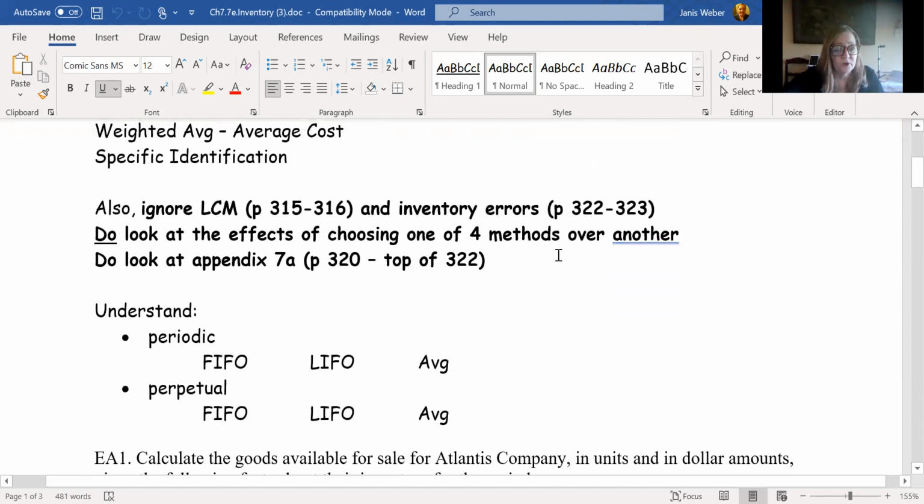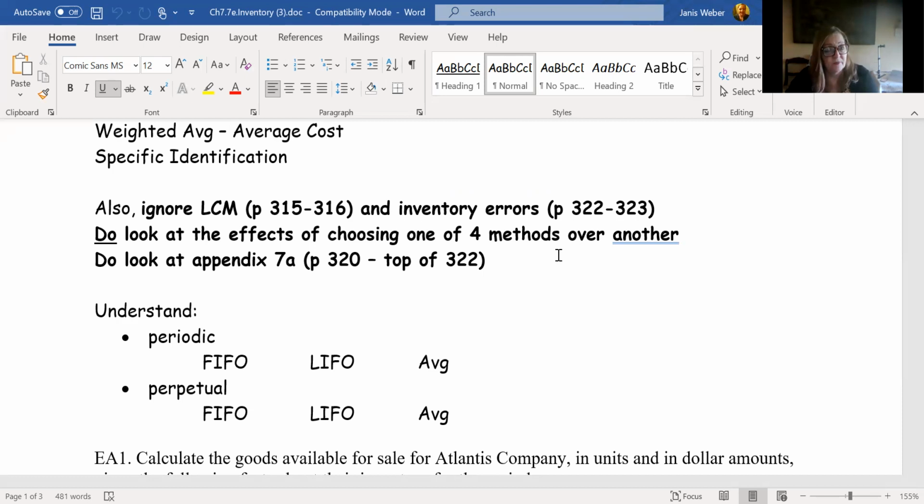So what we're going to try to do is get to where we can understand the inventory calcs. There are two ways that you can calculate inventory, on the periodic method or on the perpetual method. On periodic, you're just waiting until the end of the period and then looking at what's still in the inventory, taking a physical count, and everything else that's not in the physical count would be counted as cost of goods sold.